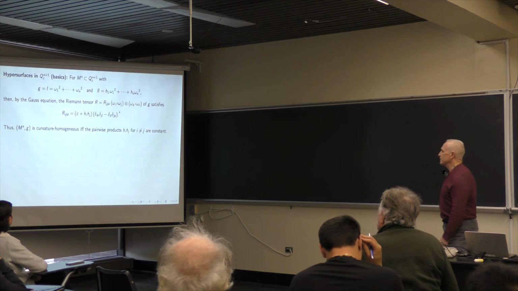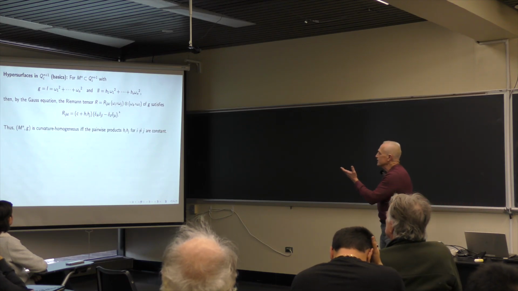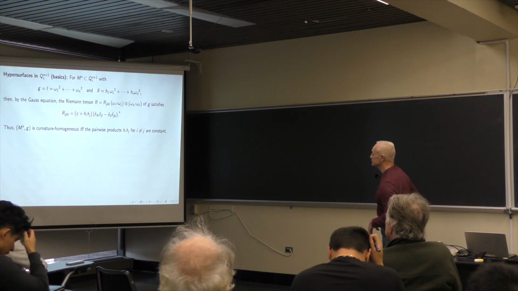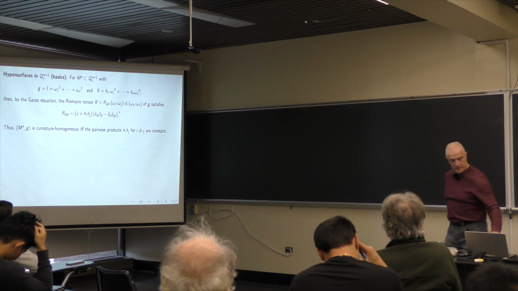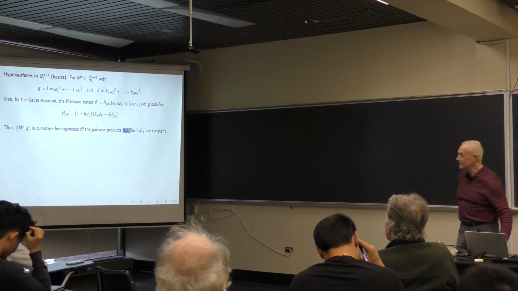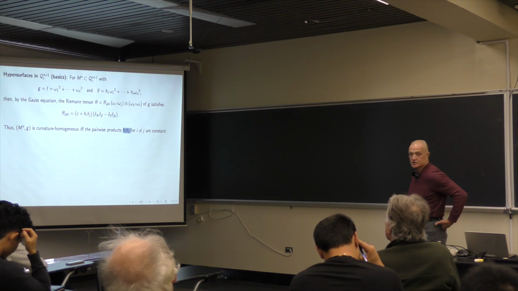Anyway, it's easy to see that if this n-manifold, this hypersurface, is curvature homogeneous, then the pairwise products of the h_i have to be constant for i not equal to j.